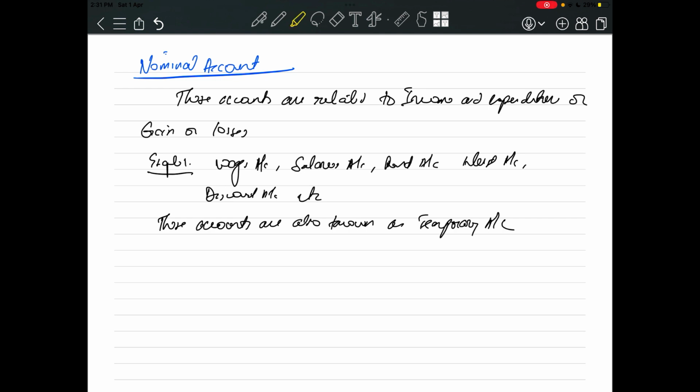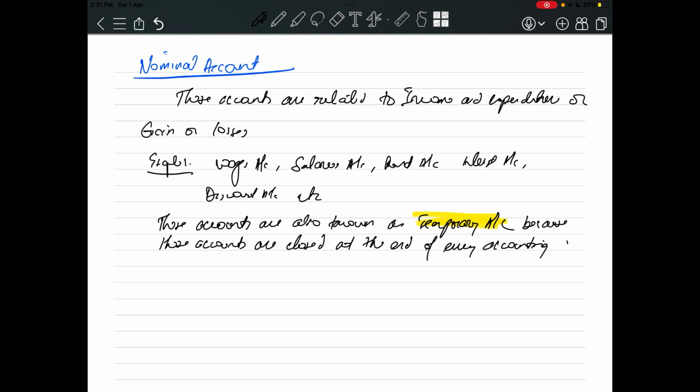Okay, so the keyword here is temporary account, because these accounts are closed at the end of every accounting year by transferring to trading or profit and loss account. Simple.